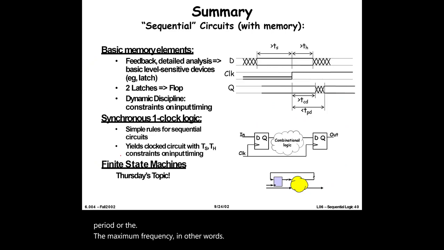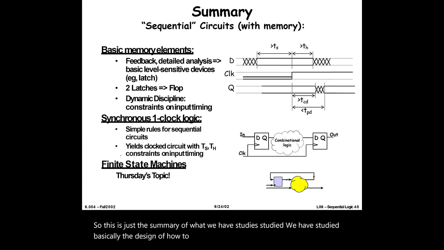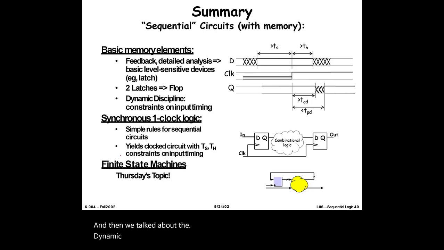This is just the summary of what we have studied. We studied how to design a D latch and a D flip-flop, and then we talked about the dynamic discipline or timing constraint.